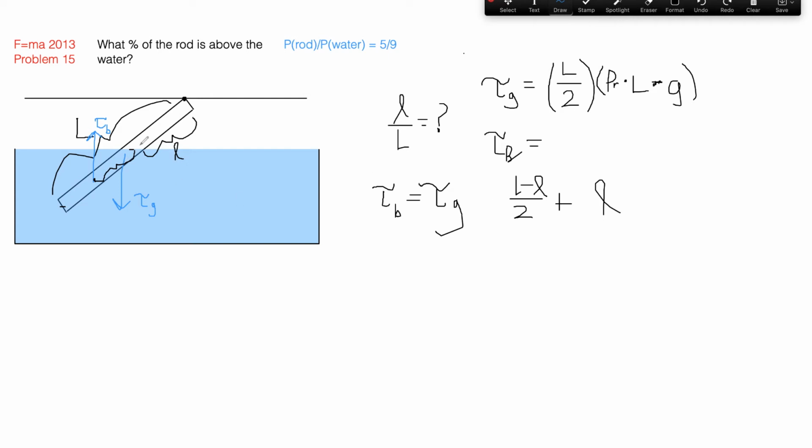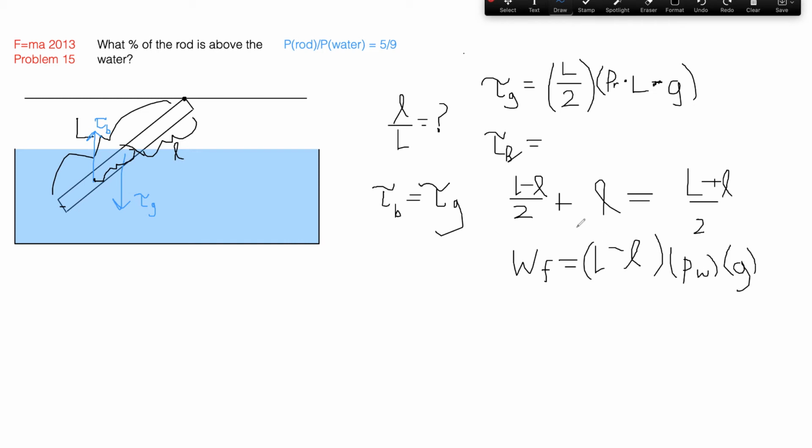So we found that the distance from where the rod begins to be submerged is L minus l over 2, and then we add the l. The distance will be l plus (L minus l) over 2. The buoyant force is equal to the weight of the fluid displaced. To find that, we take how much of the rod is submerged, which is L minus l, multiply by the density of water, because that's the fluid, and then multiply by g for the weight.